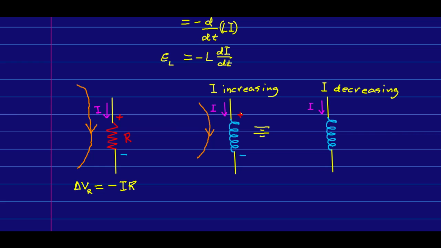That's a battery opposing the increase of the current. Similarly, if you're going through in the direction of the current and the current is decreasing, then the current is positive, but di by dt is now negative, and so that makes the EMF come out positive, which says that you're going through a potential difference up in potential, and so it's behaving just like a battery pointing this way. In other words, a battery trying to keep the current going, which is what we know an inductor does.